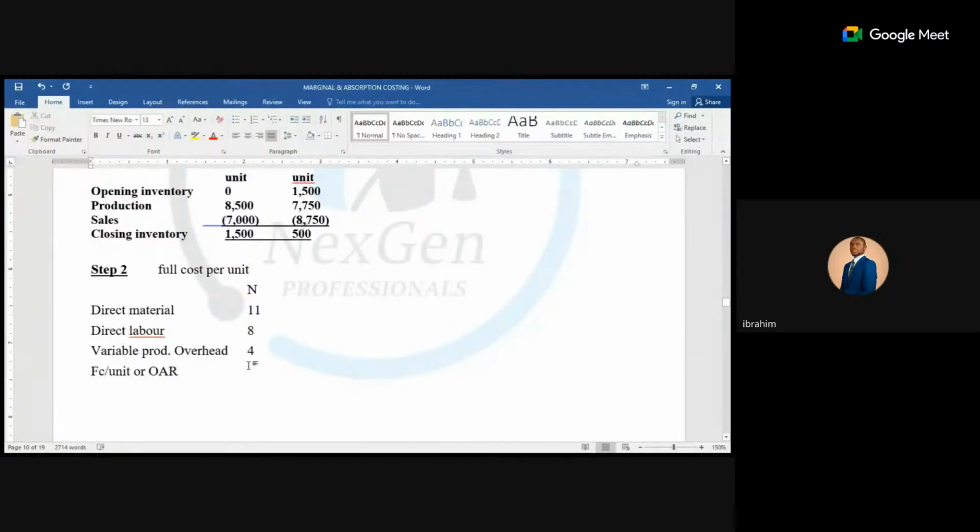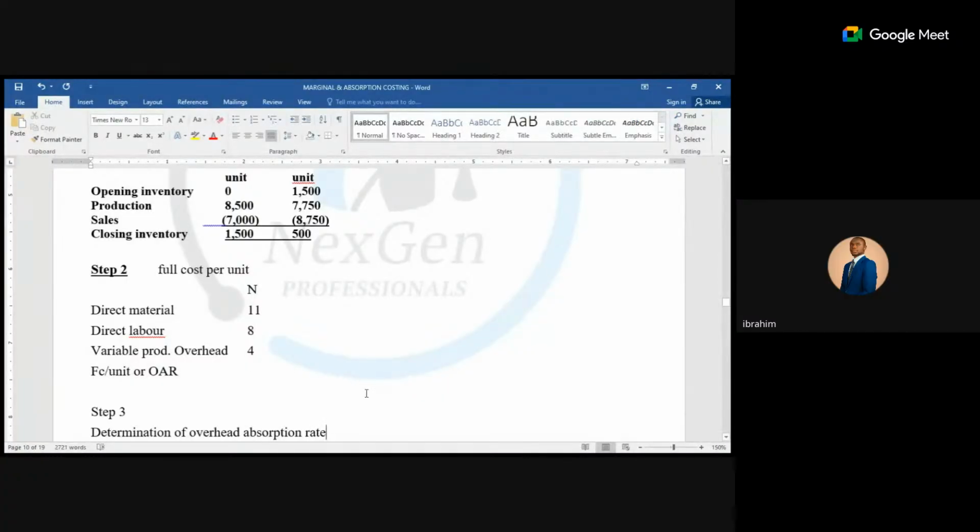Now, we need to determine this overhead absorption rate so that we'll get our full cost per unit, right? So that will be step 3: determination of overhead absorption rate, which is OAR.